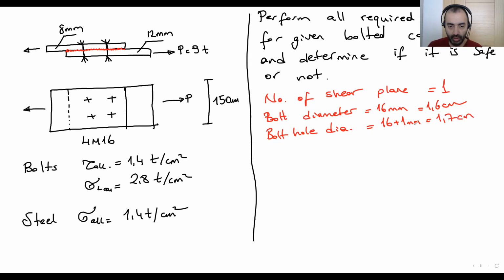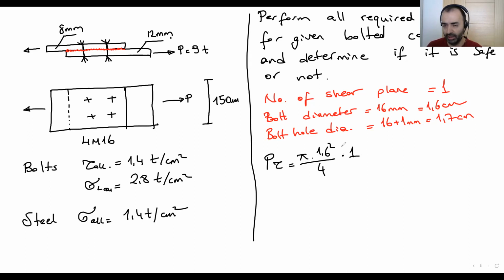Okay, we know all these numbers. Let's do the calculation. P shear capacity equals pi times D squared, 1.6 squared over 4. This is the area times number of shear planes, which is 1.